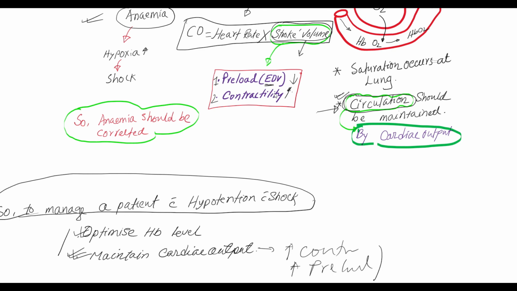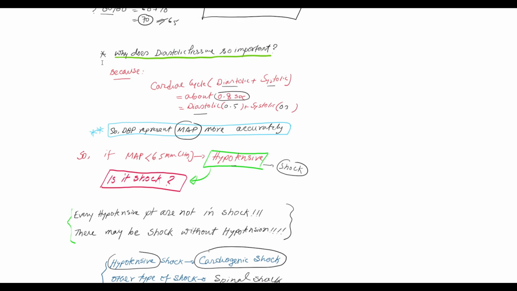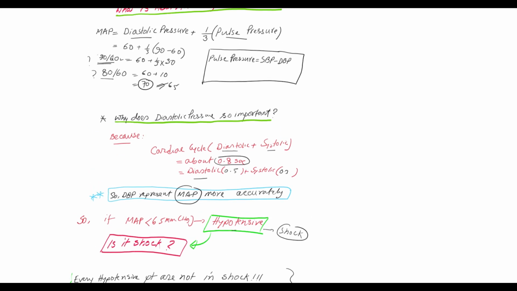Sometimes a patient has congestive cardiac failure where preload is so high that the heart cannot take the blood. In that case you may give diuretics to decrease preload and to optimize the preload within the physiological limit.